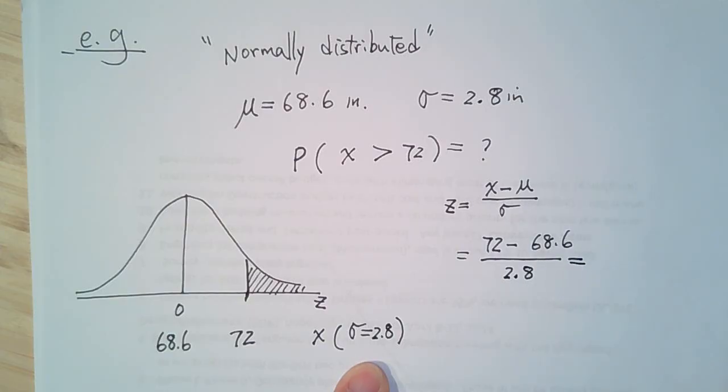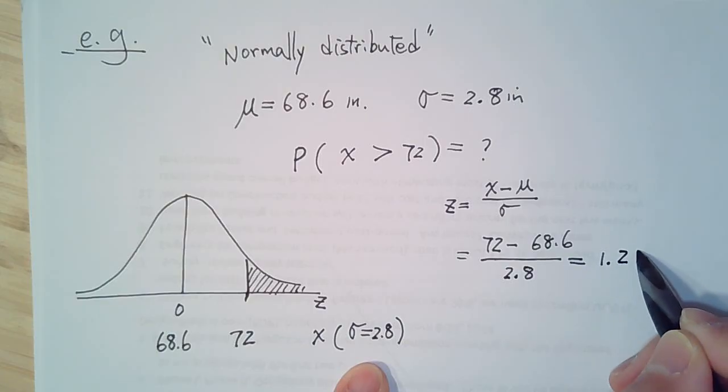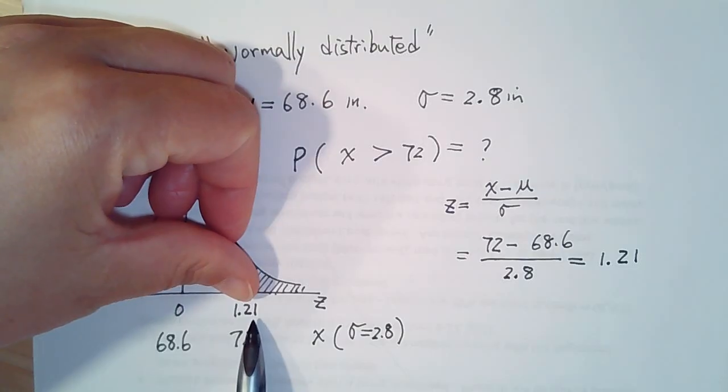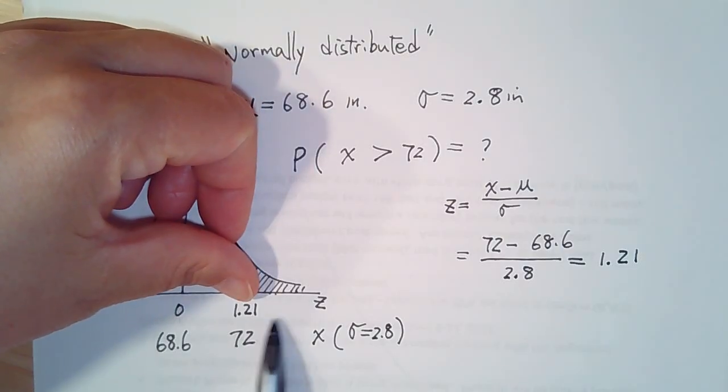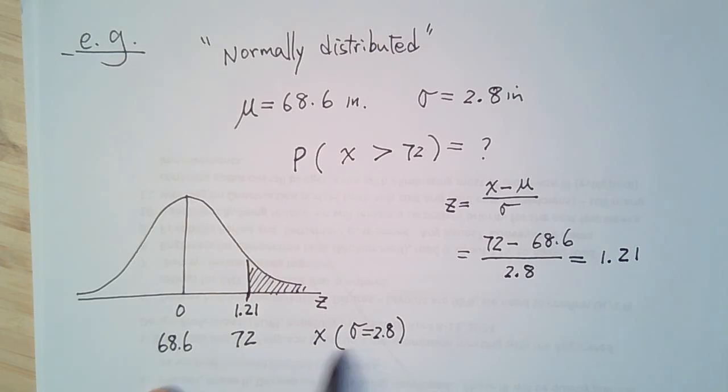Now it's calculator time. If you pull out your calculator, you're going to find your z-score is 1.21. Again, just keep 2 decimal places. 1.21 in the standard normal distribution is equivalent to your 72 in your normal distribution.